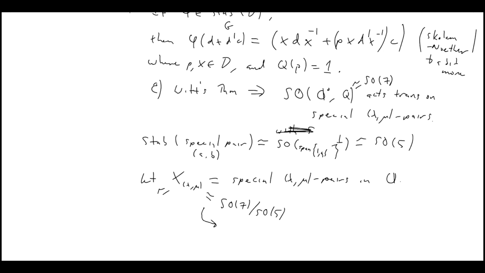First off, we can deduce that X lambda mu is connected. And we can also compute its dimension. The dimension of X lambda mu will be 11. On the other hand, we know that this is a homogeneous space for G. And so what remains to figure out is what's the stabilizer of some special pair.